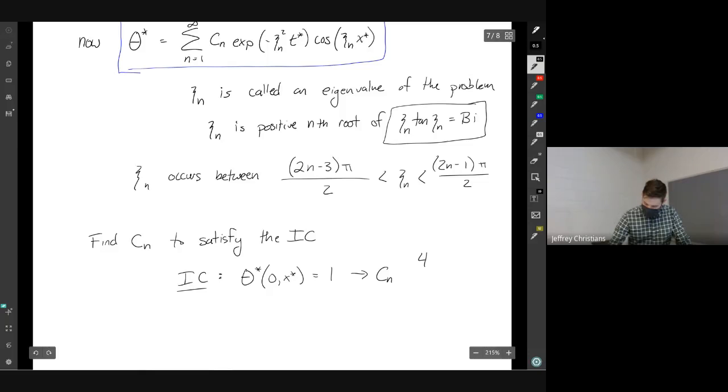Cn equals 4 sine Cn divided by 2 Cn plus sine 2 Cn.